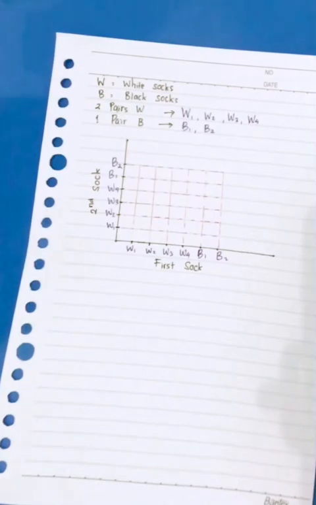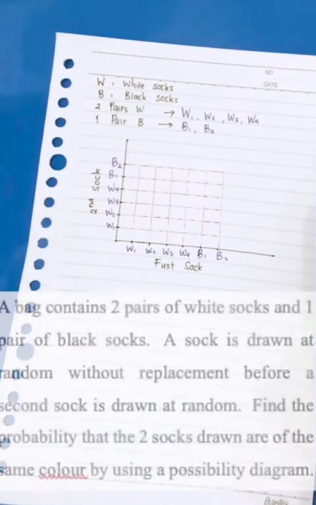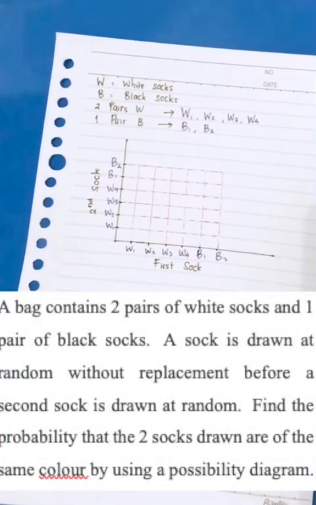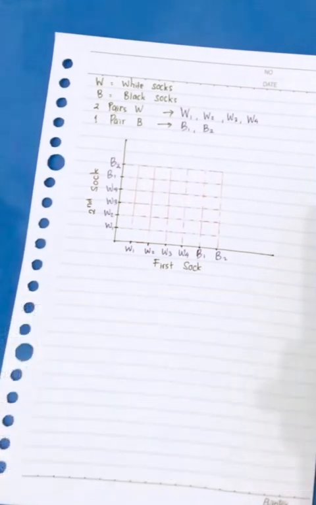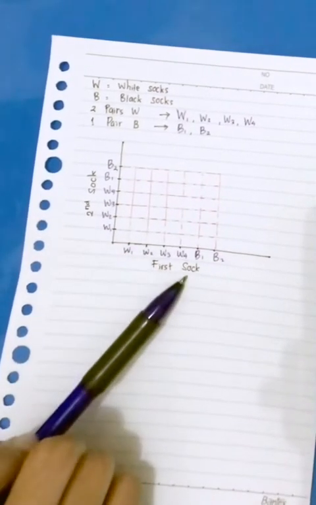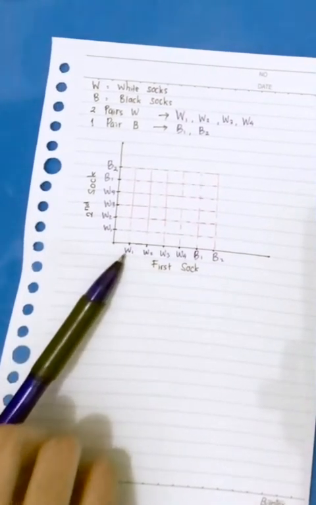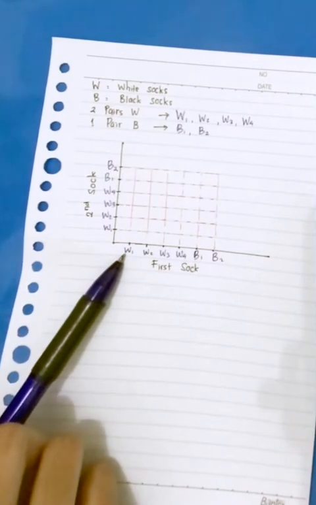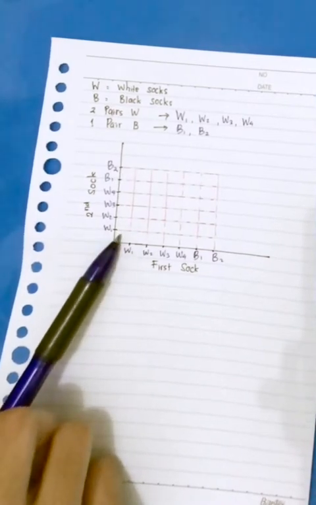Now let's see the second sentence. A sock is drawn at random without replacement, before a second sock is drawn at random. It means the keyword is without replacement. It means that if we get W1 for the first sock, is it possible to take W1 as the second sock?